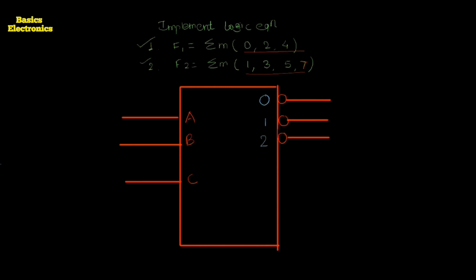Many lines we can draw if we are using a 16-line demultiplexer, then we can apply these 16 lines. Now here the maximum digit is 7, so therefore we use only these lines.